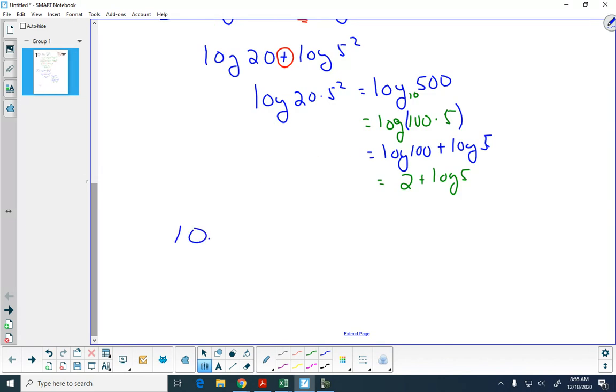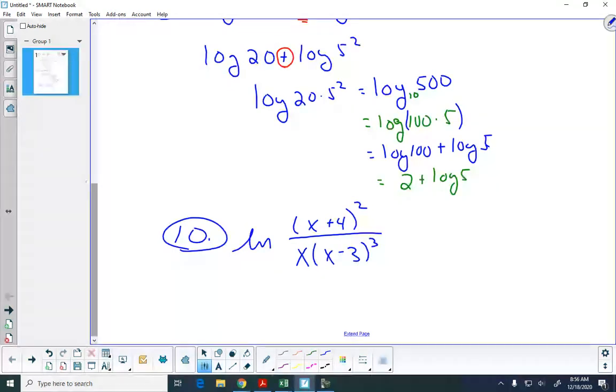Number 10. We have ln of (x plus 4) squared over x times (x minus 3) cubed, and we want to expand this out.